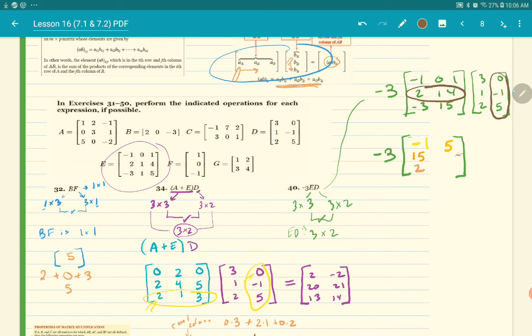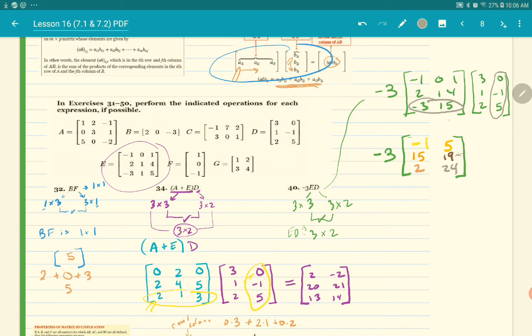And adding those products, I have 0, -1, plus 20, which gives me a 19. And my last one, so lift up my finger from those, and now my finger goes in the last row, last column, and I get 0, plus a -1, plus 25, which gives me 24.